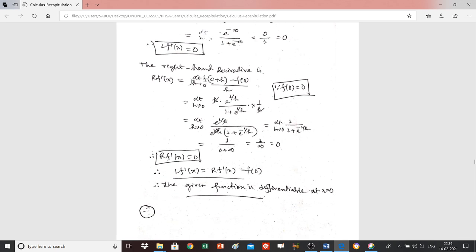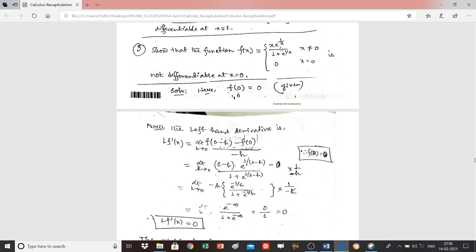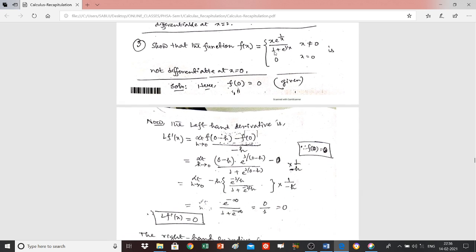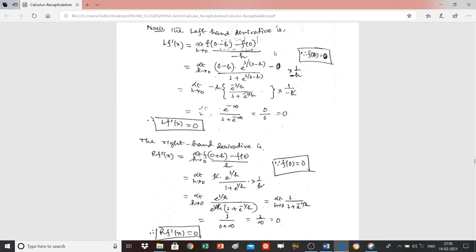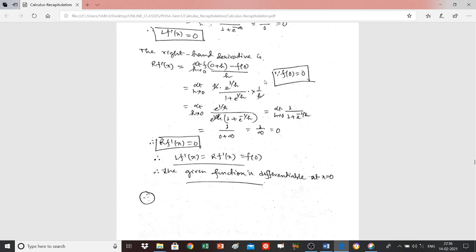And now the right hand derivative, also calculated here. The definition is the limit as h tends to 0 of [f(0 plus h) minus f(0)] by h. In this case also x is not equal to 0, so the first definition of f(x), this value, should be used. And since f(0) is 0 as also given there, finally you obtain that Rf'(0), the right hand derivative, is also 0.